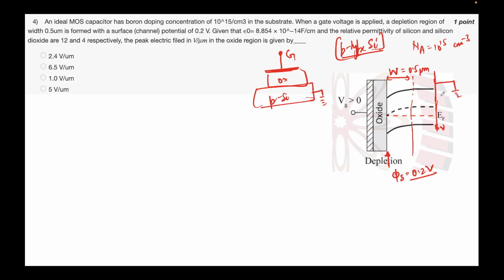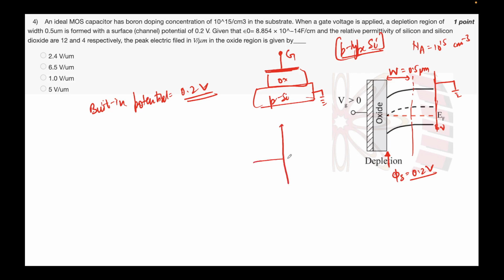Now what we can see is the extent of band bending, which is also known as the built-in potential. The built-in potential is given to us as 0.2 volts, because this is the surface we are talking about. The metal-oxide-semiconductor interface was given as 0.2 volts.